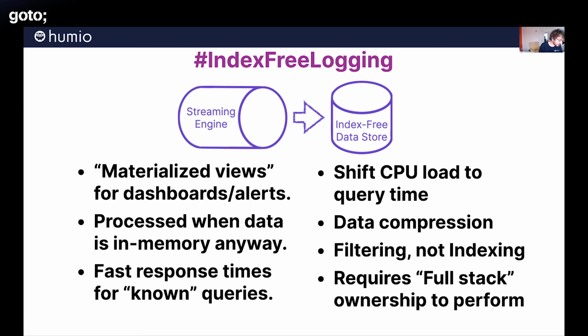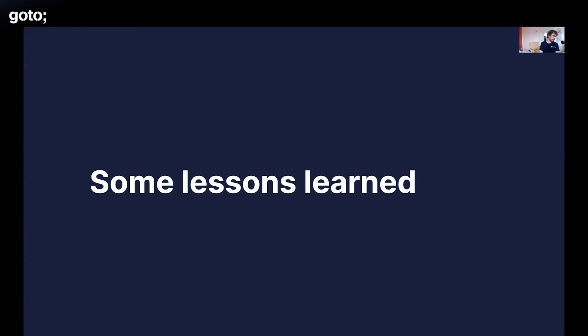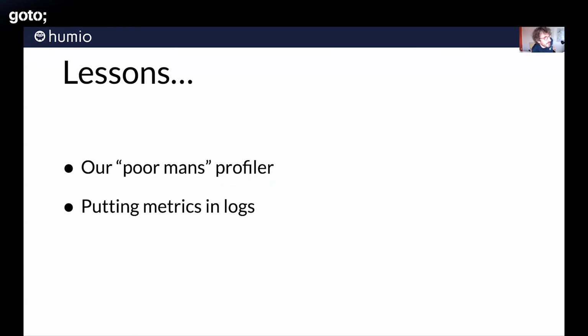So I have some examples of use cases that I'm just going to show from our own DevOps experience. I had more in the previous version of this, but I think there's a couple of things that might not be obvious. So one thing that has huge value for us is what we call the poor man's profiler in Humio land, and then something about putting metrics in logs.